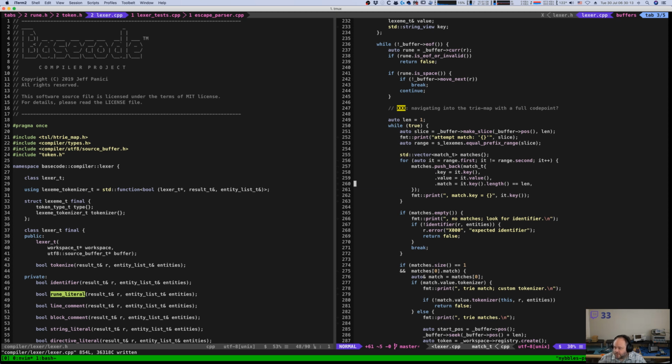So what we're doing here is we're going to flag a match in the matches array as a match if the value of the key we get from the dictionary is the same length as the view that we're currently trying to prefix match against.